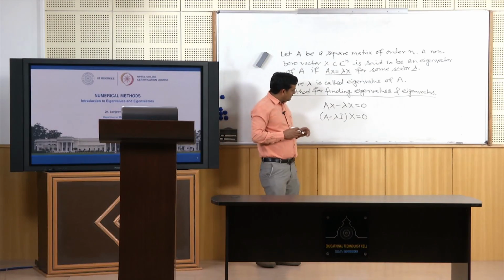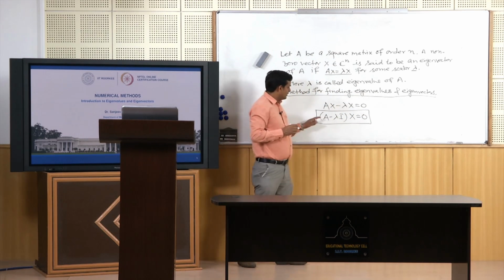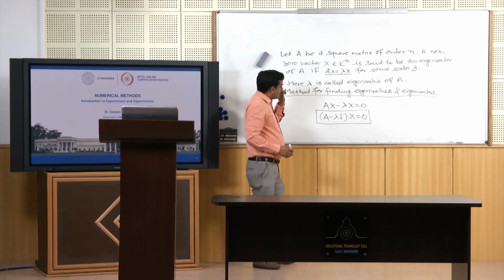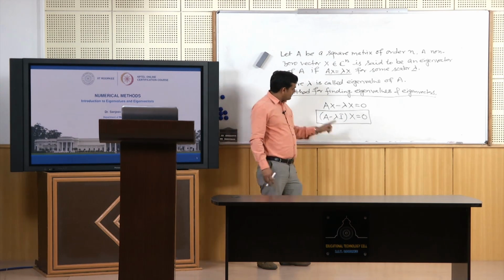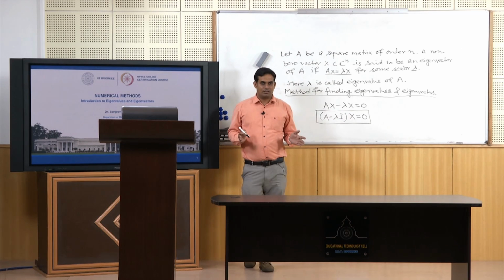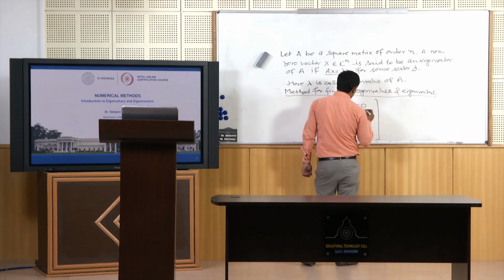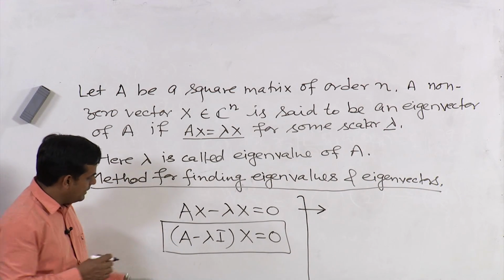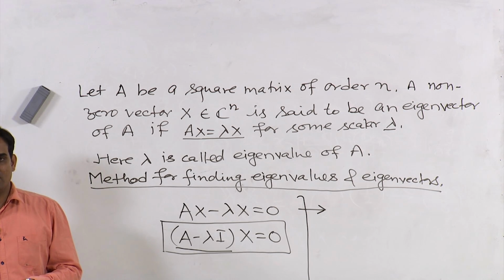Now, from here you can see we have a system of homogeneous equations with n equations and n unknowns. I am saying that x is a non-zero vector. So, if x is a non-zero vector, this system has non-zero solutions, which means the null space of this particular transformation A minus lambda I has dimension more than 0.